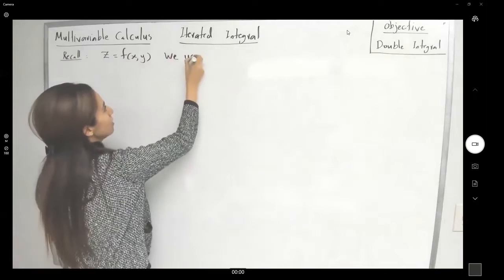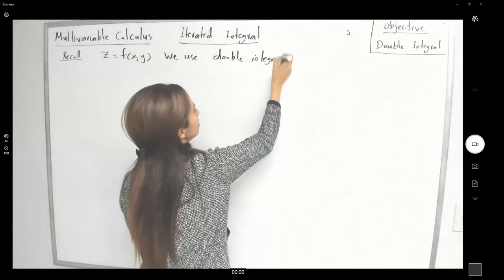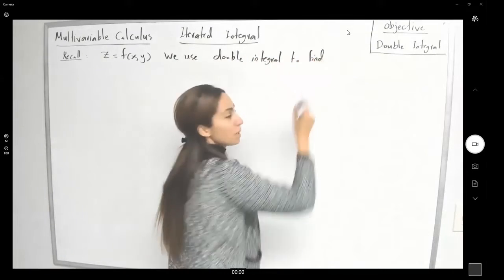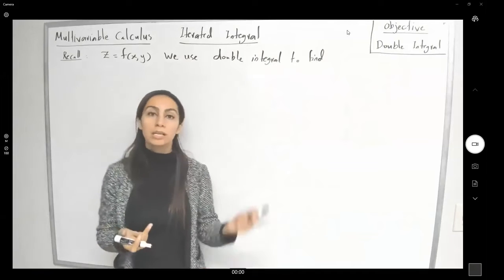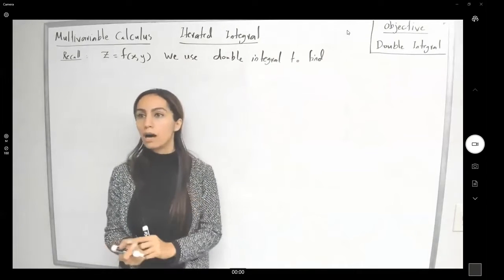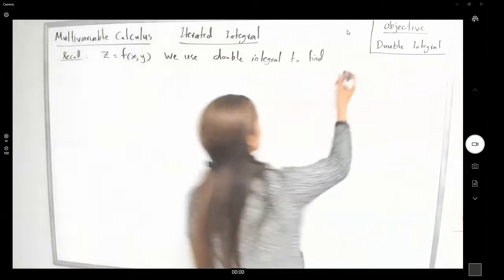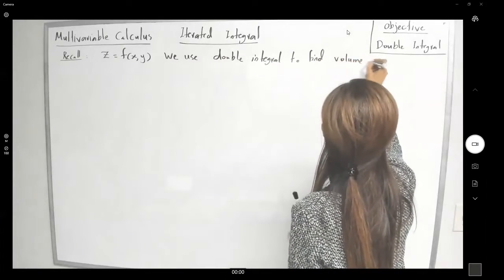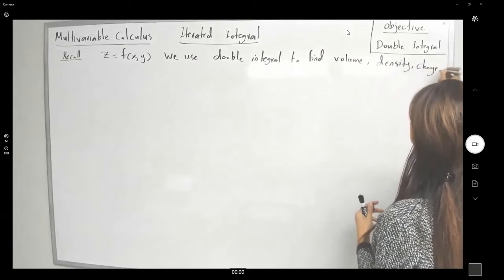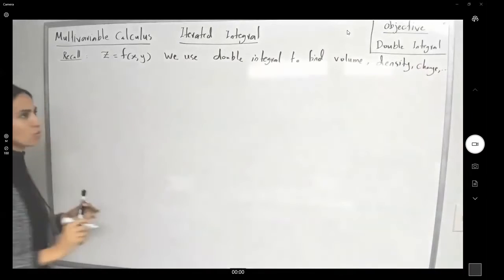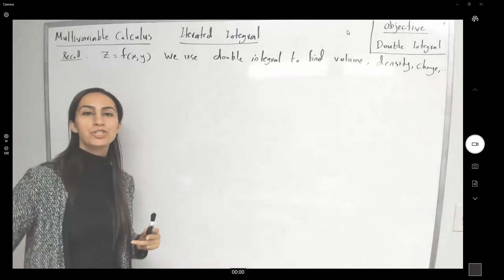We use a double integral to find, depending on the question, the volume, it might be the charge, it might be the density, it might be related to probability, the density function, volume, density, charge, and so on.